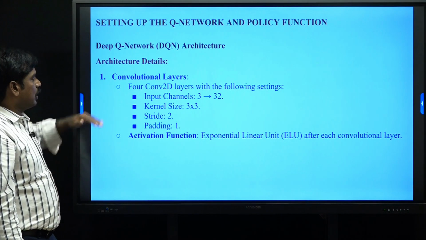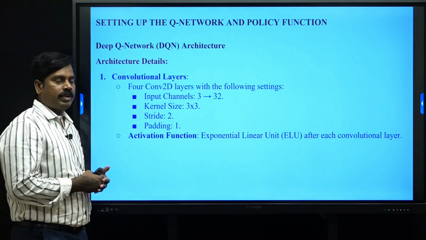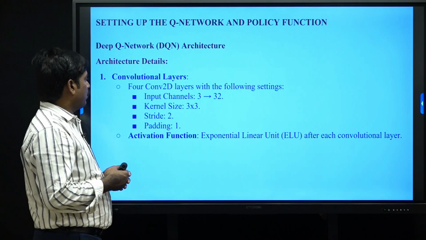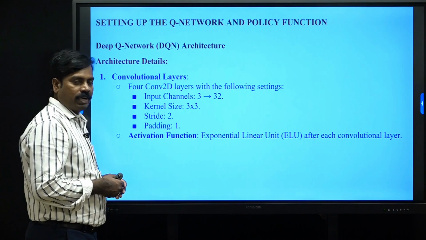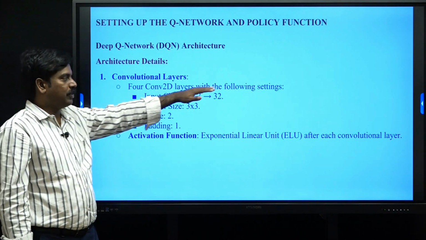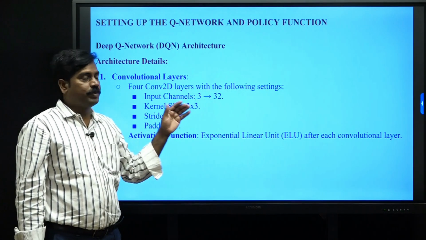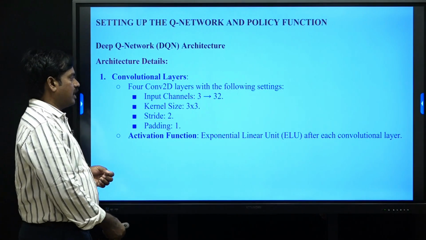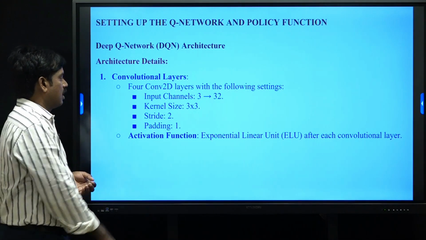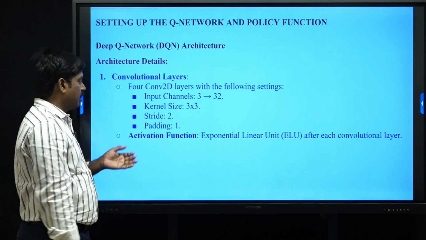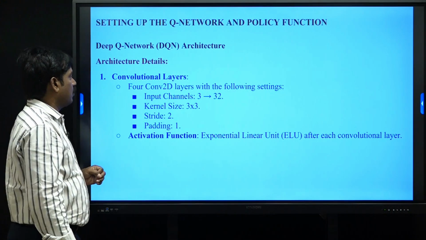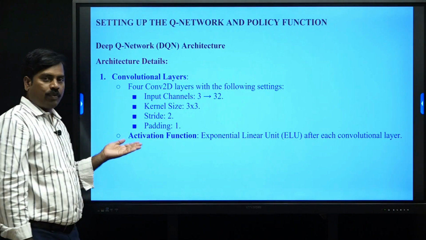Now the DQN is implemented as a layered deep neural network. We use four convolutional layers with the following settings: input channels 3 to 32, kernel size 3 by 3, stride 2, and padding 1.